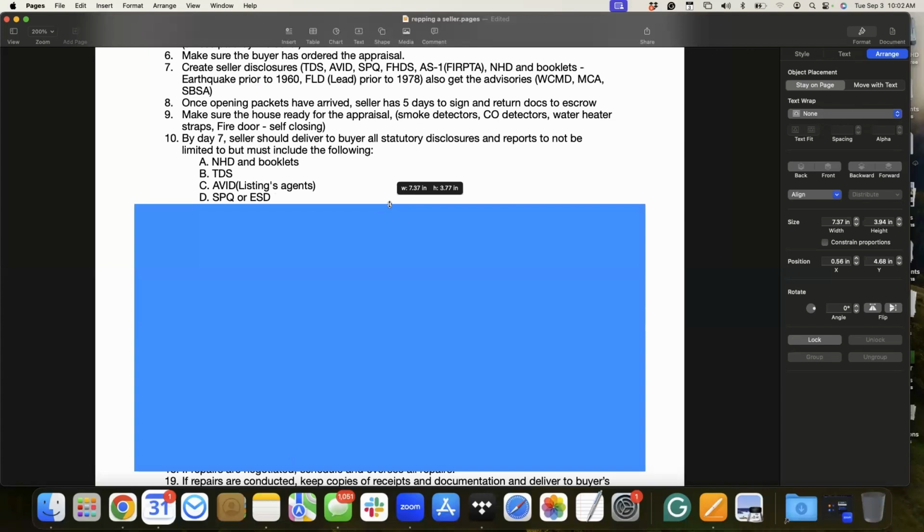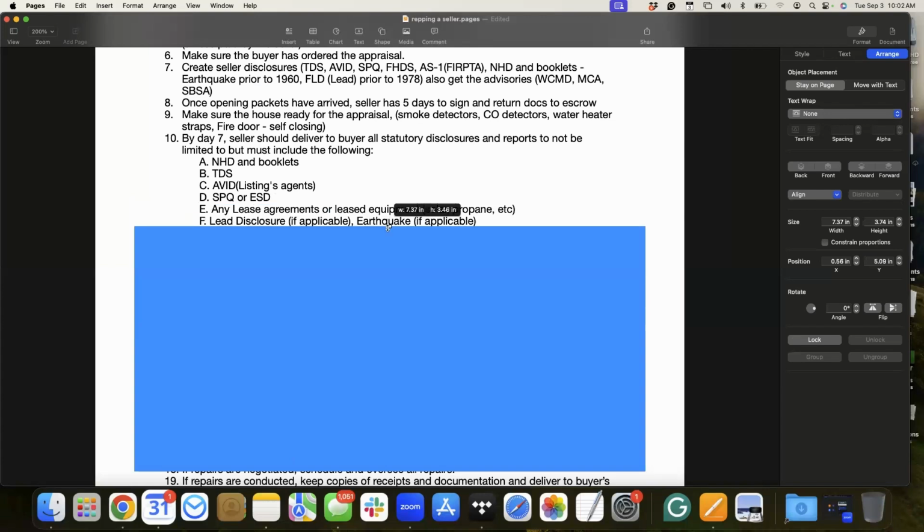Also, is it required for the seller to acknowledge the buyer's agent's AVID? No, they don't have to sign. As a matter of fact, it used to be that the seller would sign the AVID. Then it became the seller has to initial the AVID, and now on the new version, it says optional seller signature.